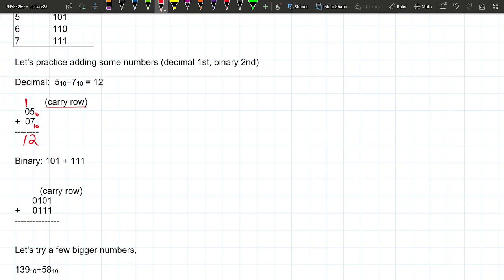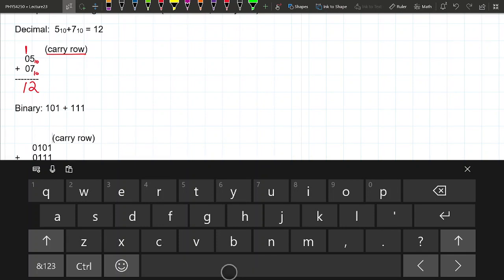I'm going to do the same thing in binary. If you convert 5 to binary, you get 1 0 1, because this is 4 plus 0 plus 1. That's 5. 7 is 4 plus 2 plus 1, so therefore you get 111. Now I need some space here, so I'll push this over a little bit.